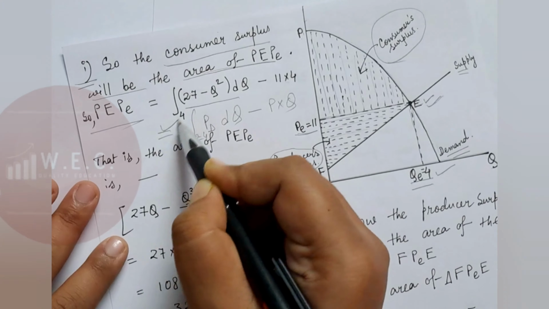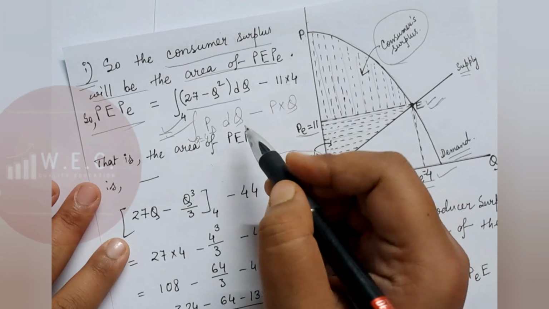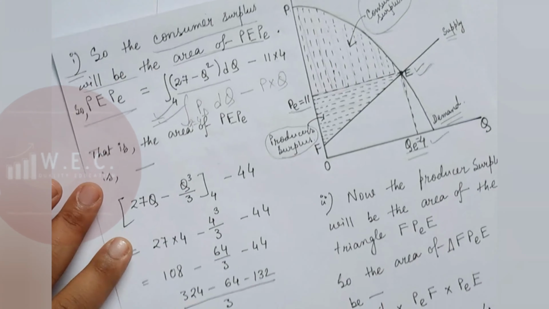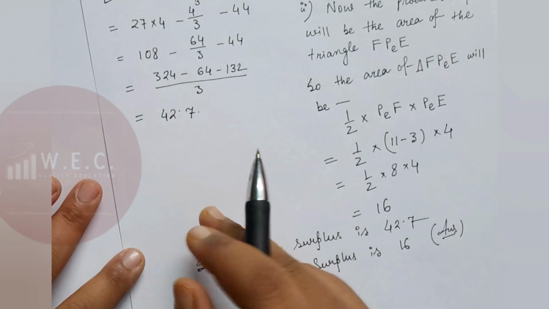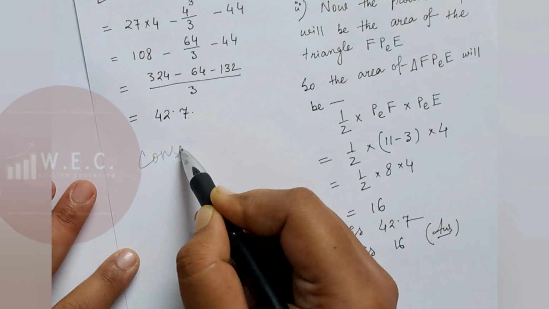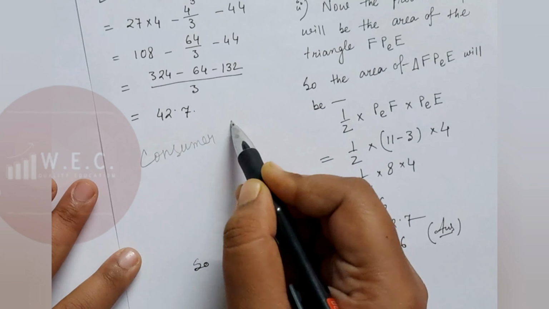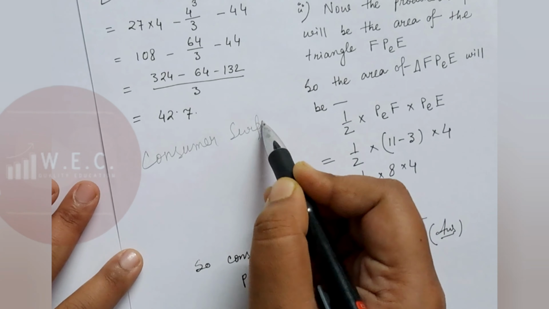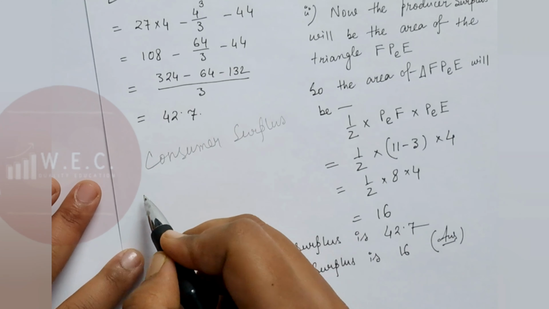You already know the equilibrium price and equilibrium quantity, and PD equals 27 minus Q square. Let's see it again. Consumer surplus is equal to the integration of the demand function with respect to Q minus P into Q.